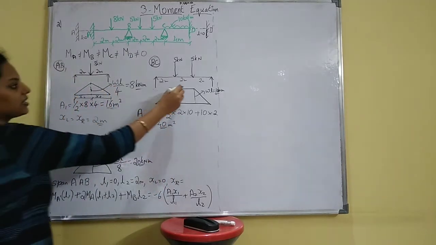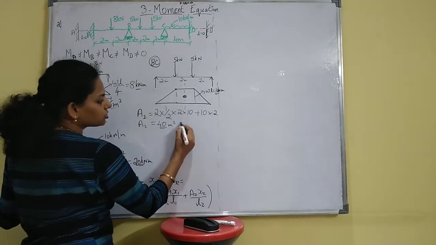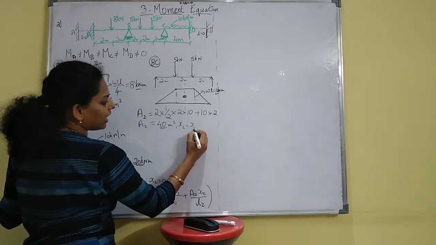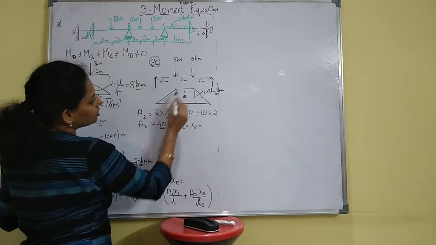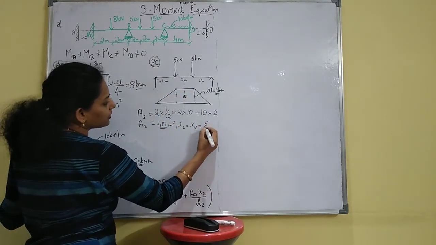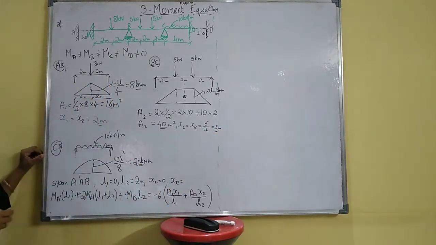Again it is equal distance, so you will get the centroid at the center itself. So XL, XR equal the centroidal distance, that is 6 by 2, which is 3 meter.